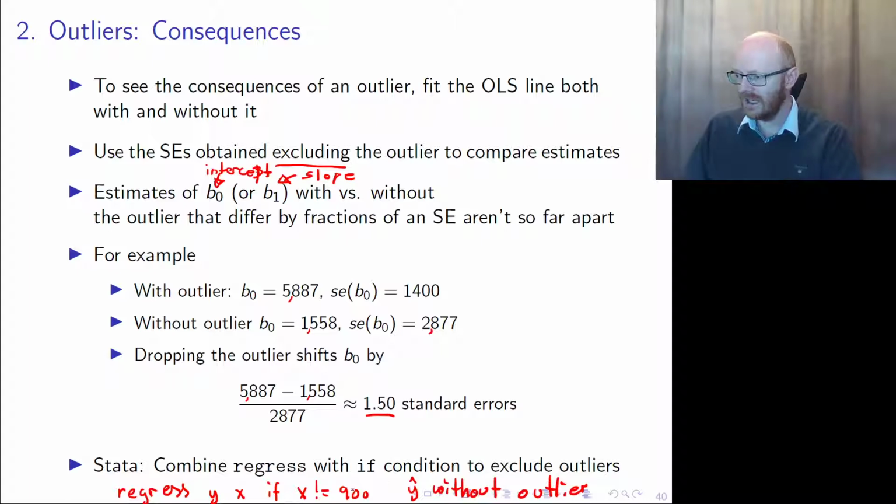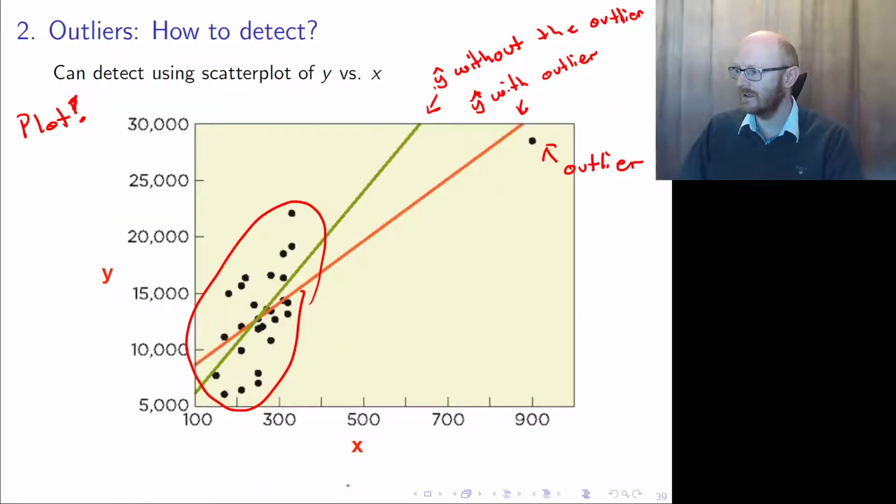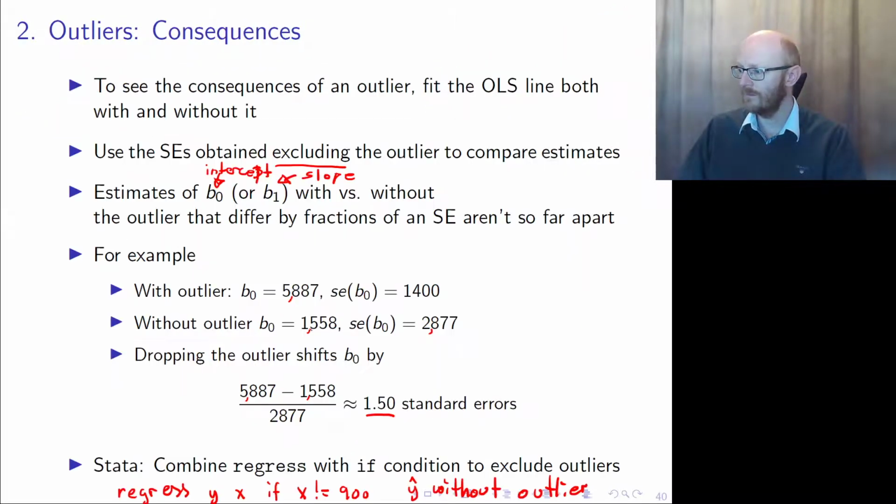And 900, that's because for x equals 900, we have this outlier. So then you would get both these regression lines quite easily. Okay.